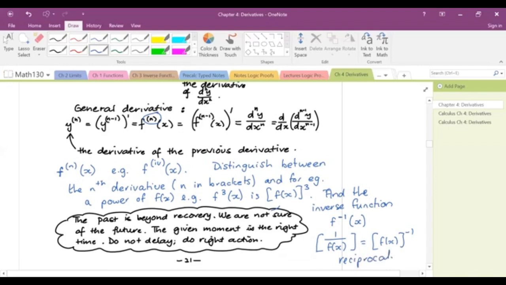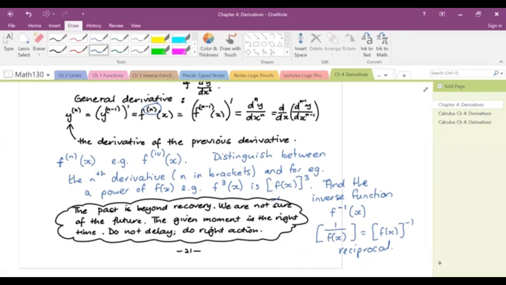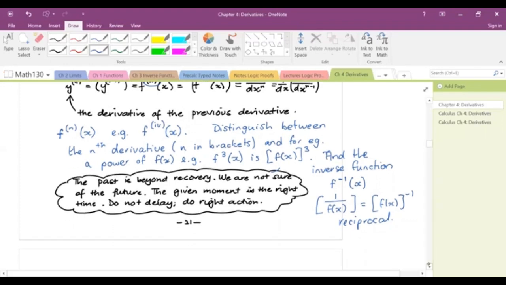So we've got to distinguish here notationally so that we know what we're talking about. So it's important that if you're finding derivatives, we put the number of the derivative in brackets and distinguish between the inverse function and the reciprocal. We did talk about that when we did inverse functions.